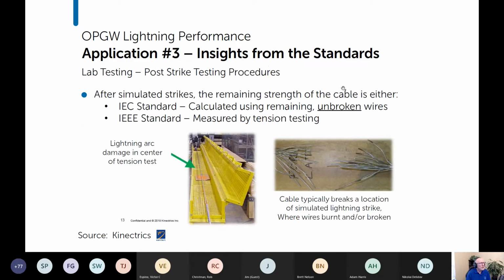Now, I mentioned that with the IEC, you calculate the remaining strength, and with the IEEE, you measure it. And we'll talk about these in more detail. For now, what I would like to show is that if your testing is per the IEC standard, you then have to take those cables that you hit and put them in a tensile testing machine, here's a typical one, and pull on it until the cable breaks. The cable typically breaks, no surprise, where it was damaged by the lightning strike, simulated lightning strike, I should say.